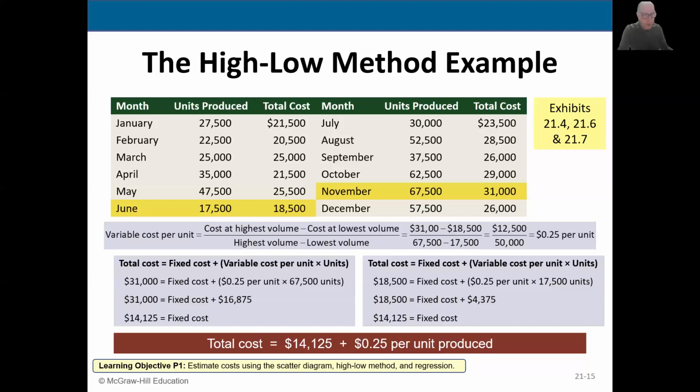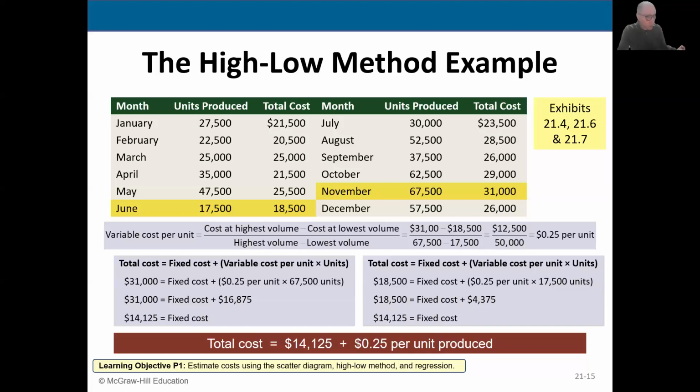Then we subtract the low from the high in terms of the number of units. 67,500 units at the high minus 17,500 at the low gets me to 50,000 units. We take 12,500 divided by the 50,000 units to get a variable cost per unit of 25 cents per unit. Okay, so that's step 2, find the variable cost per unit using this high-low method.